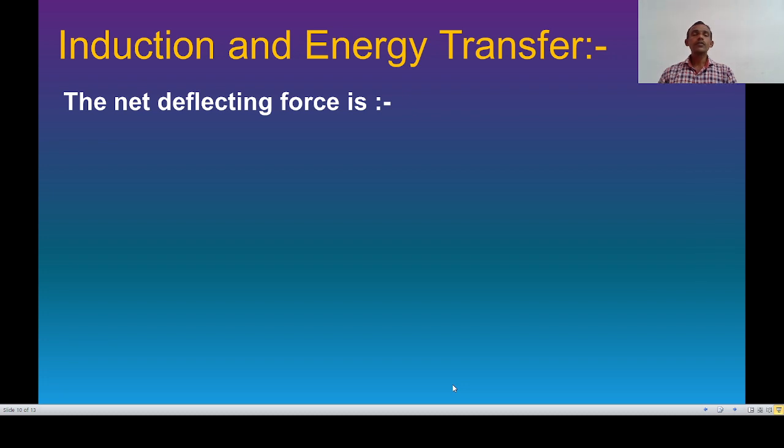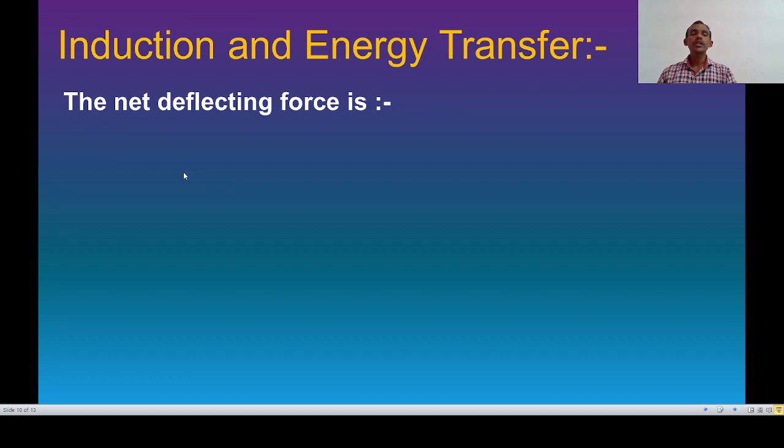Now, as you know, for the constant motion of this loop outside the magnet, the net deflecting force, or magnetic force due to the magnetic field, is equal and opposite to the applied external force.